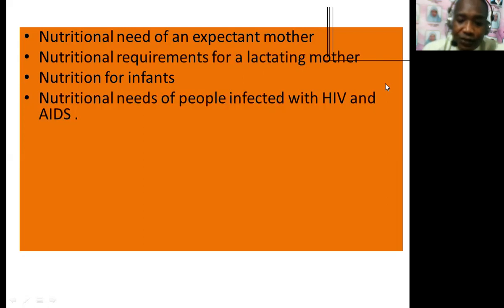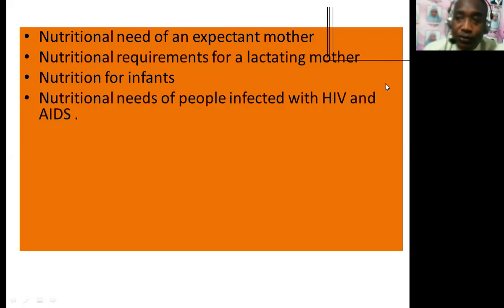Raw garlic stops increasing of HIV and kills other germs. I repeat, raw and cooked garlic, commonly known as kitungu saumu, stops increasing of HIV and kills other germs.